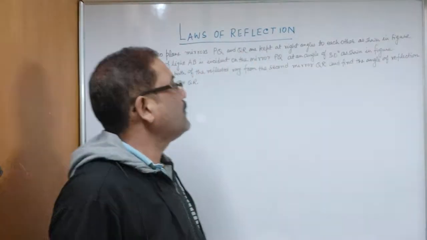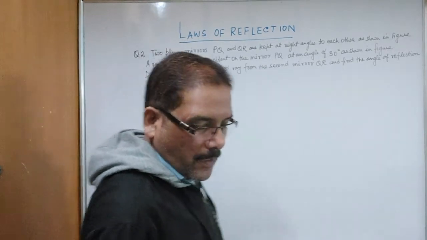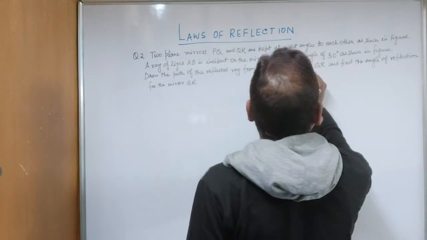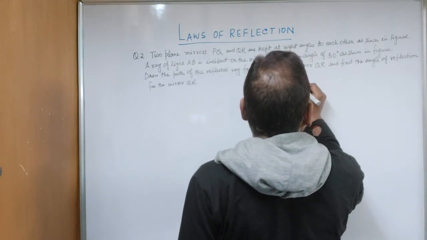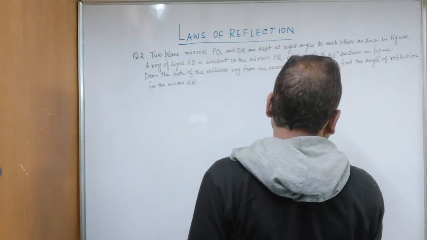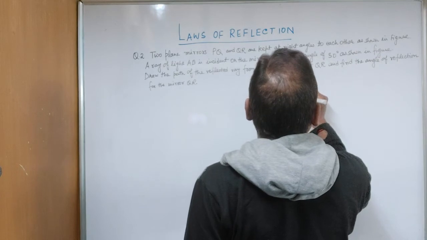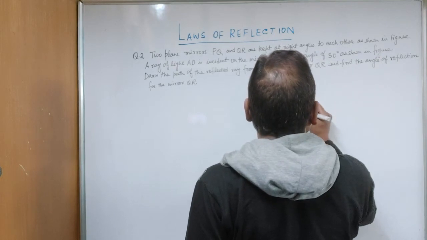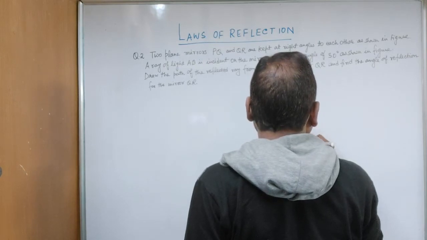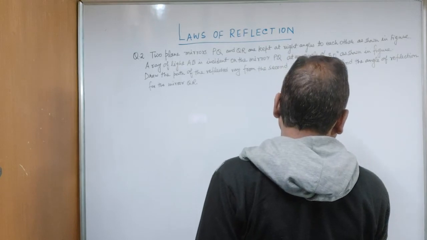So first we will draw the diagram, children. There are two plane mirrors, PQ and QR, and they are fitted at right angle to each other. So suppose this is PQ, the shaded portion is painted and on the other side we have the reflecting surface.